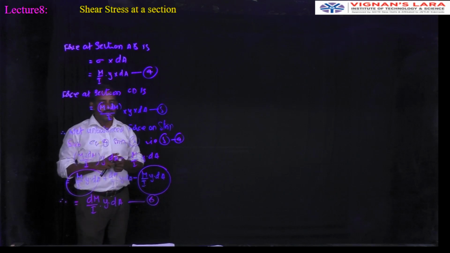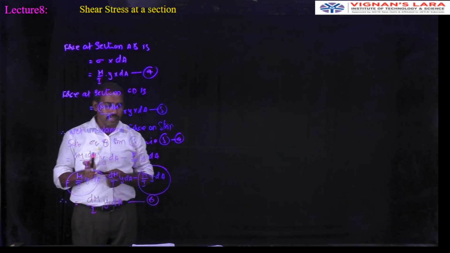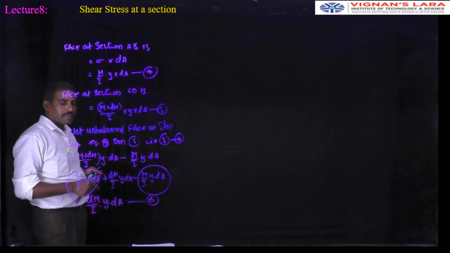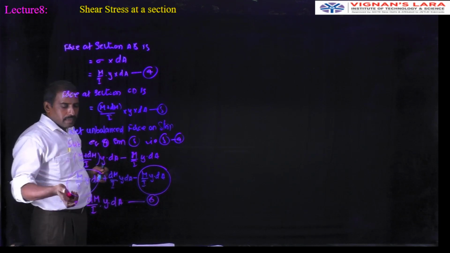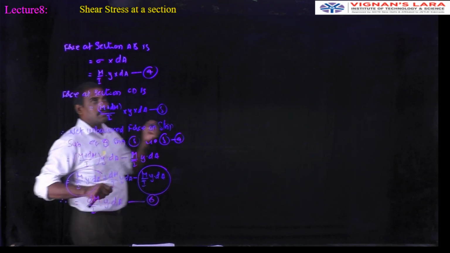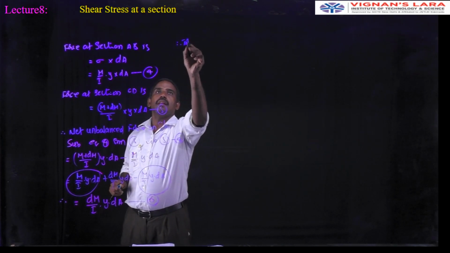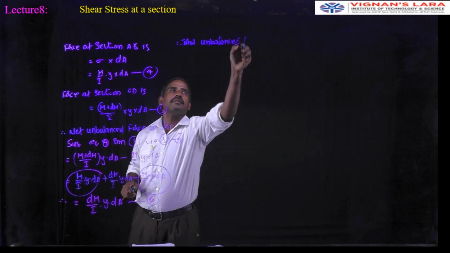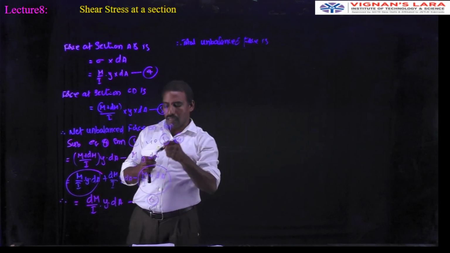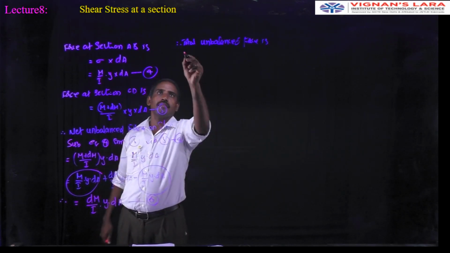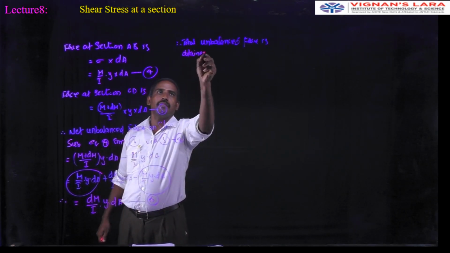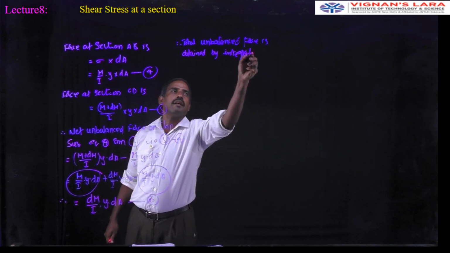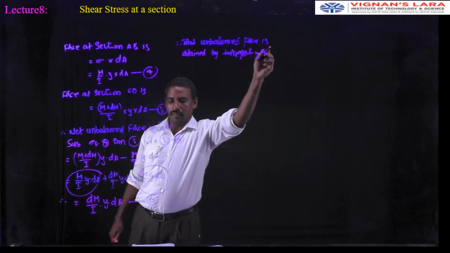As we know, the total unbalanced force is obtained by integrating equation number 6. This is the unbalanced force for the elemental strip, but I would like to find out the total unbalanced force. Therefore, the total unbalanced force is obtained by integrating equation number 6.